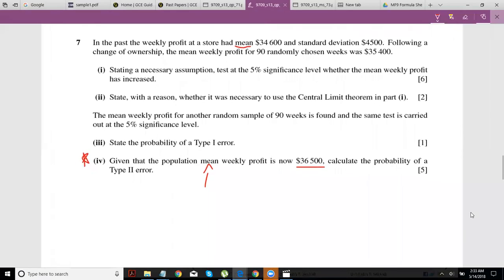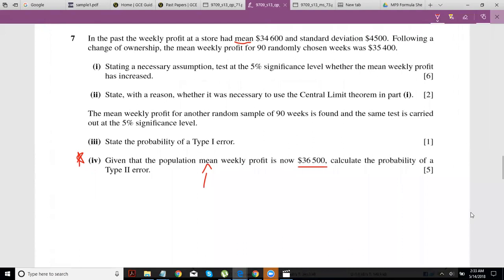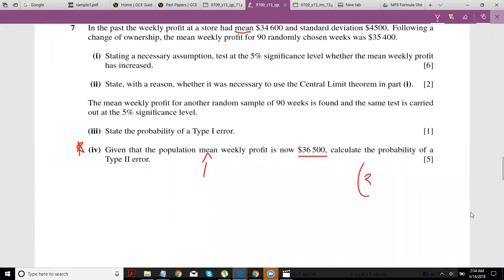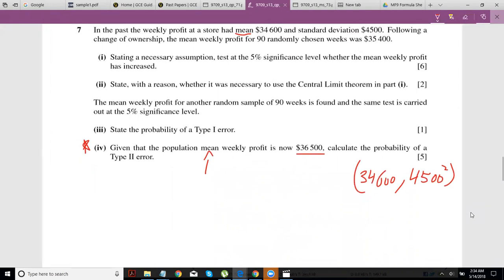All right, so just to get an idea of what the question is saying, the store has a mean of 34,600 and a standard deviation of 4,500.